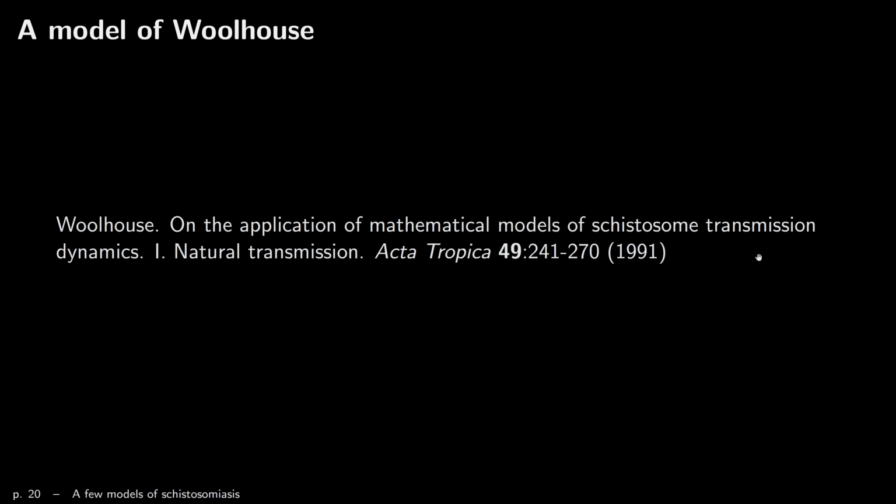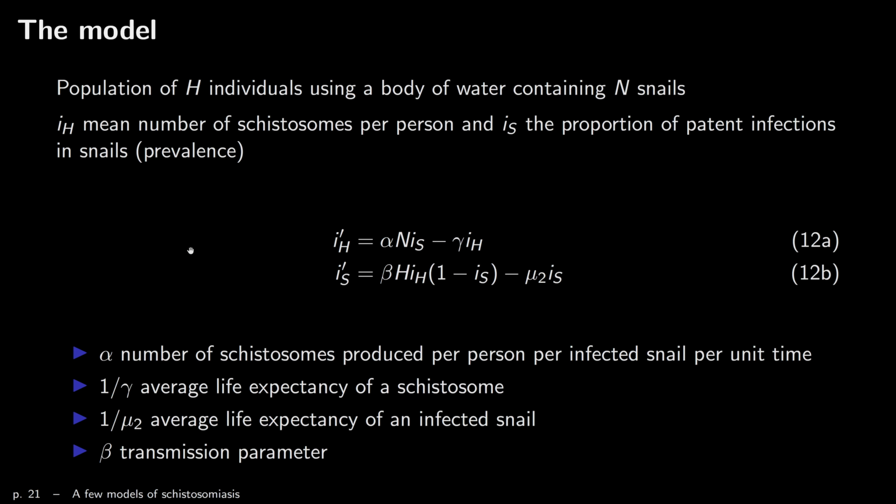I recommend it, it's worth a read. As you can see, it's a long paper, and it reviews a lot of different models, not only his, but a few models by different authors. There's a second one about control measures, and there's a variety of papers from the early 90s by Woolhouse about this. So let's look at this model.